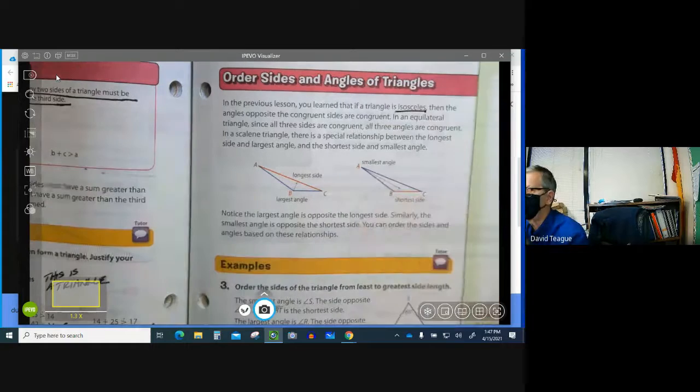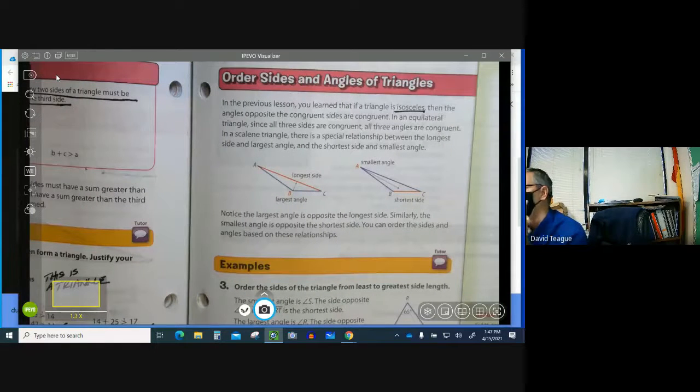So if you have two equal sides, the angles opposite those two congruent sides are the same. Since all three sides are congruent in an equilateral triangle, right? Equilateral means all three sides are the same. Since all three sides are congruent, all three angles are congruent, right?